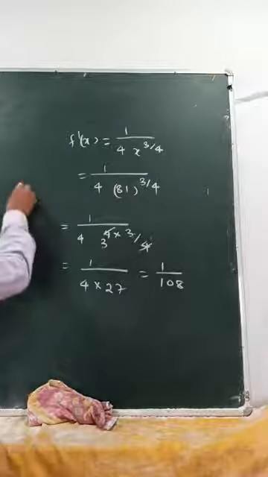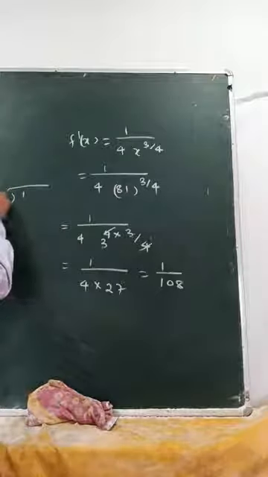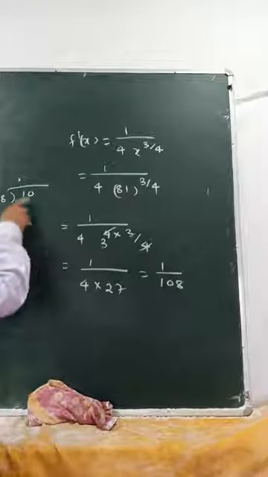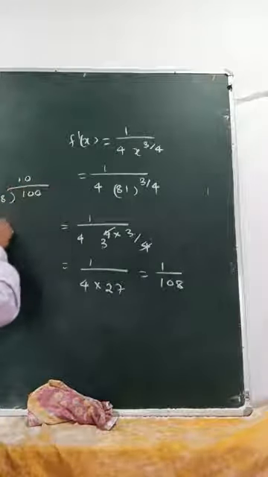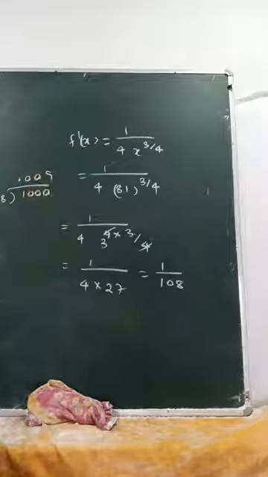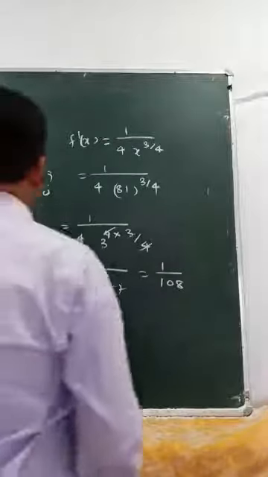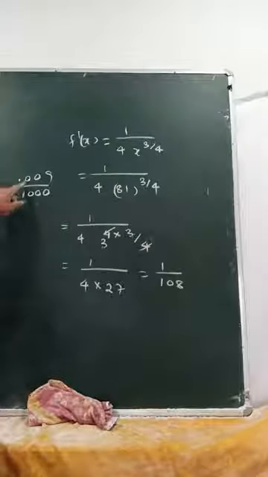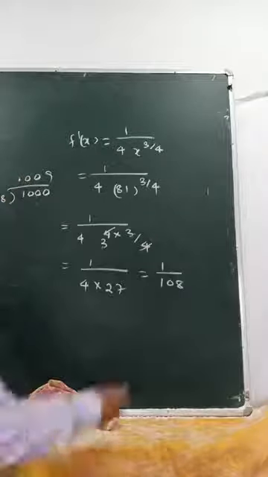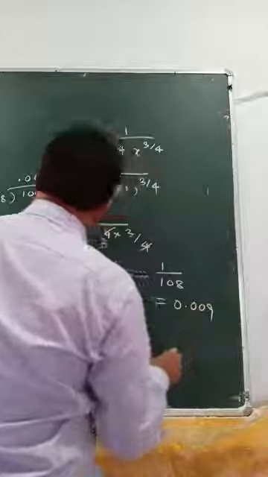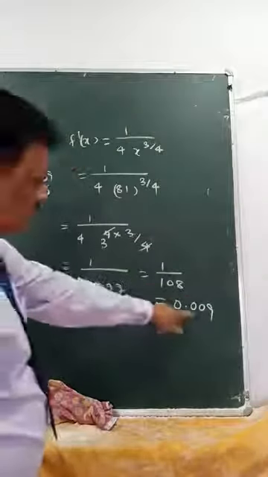Divide: 0 will come, it will not go, put 0, 100 will come, put another 0, 1000 will come. It will go approximately 9. Put point. So that equals 0.009. Your f dash value is this.